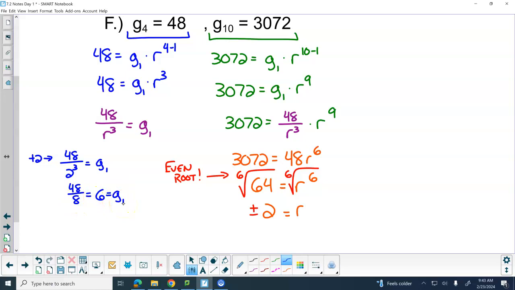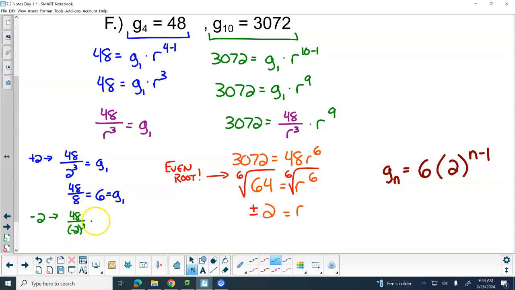Right? So that's going to give me g sub n is equal to 6 times positive 2 to the n minus 1 power as my rule, right? But when I come back here and I go negative 2, 48 divided by negative 2 cubed.